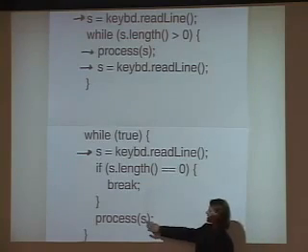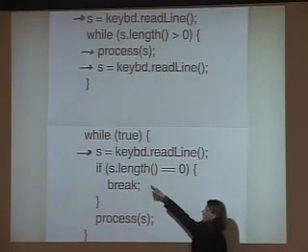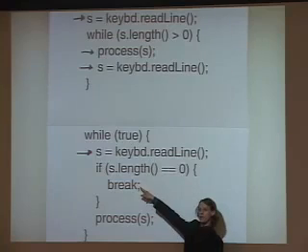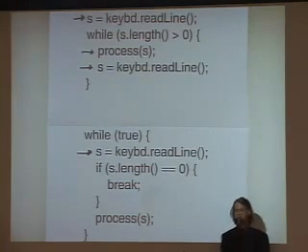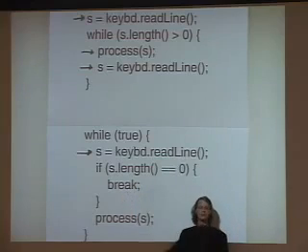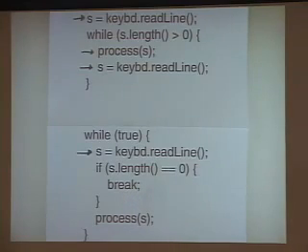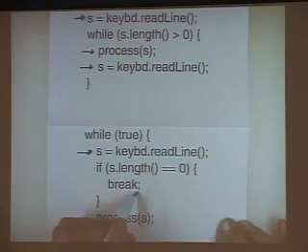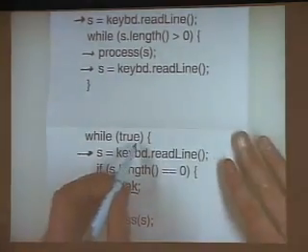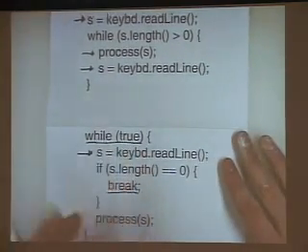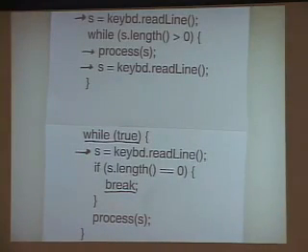We're also going to have the process statement inside the loop. But we can exit the loop from the middle of the loop instead of exiting from the bottom of the loop. And that's why we use a break statement. One curious thing you'll notice about this loop is that the condition is just true. This is a loop that's designed to basically loop forever unless a break statement occurs.